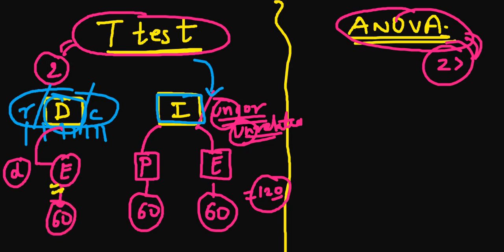Before and after the drug has been given, we will check the difference over a 30 days time period. So what is the sample size over here? It is only 60, but over there it was 120. So whenever you find such statements, whenever you are having two groups but you are not sure whether they are independent sample or dependent sample, try to find out like this.